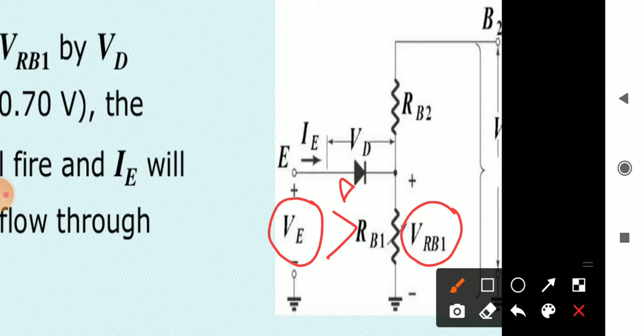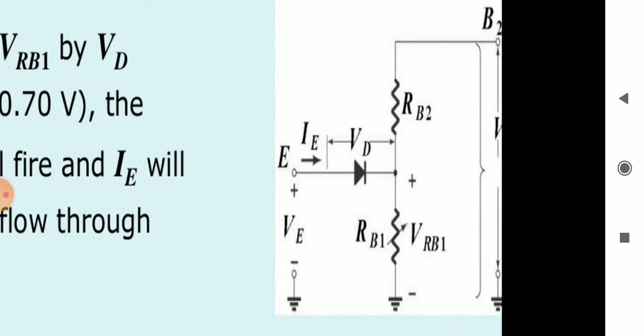Then what will happen? It will forward bias the diode. That diode will fire and the current IE will start to flow in the circuit. Along with this, there is one drop, the VD drop. So when VE is greater than VRB1 plus this drop, it will forward bias the diode.